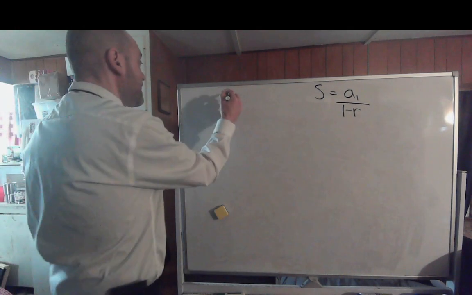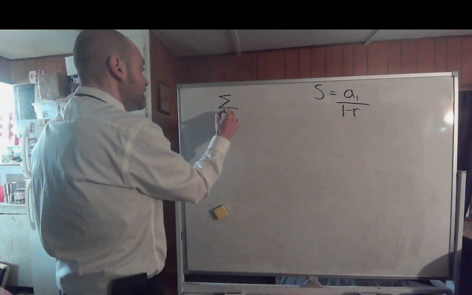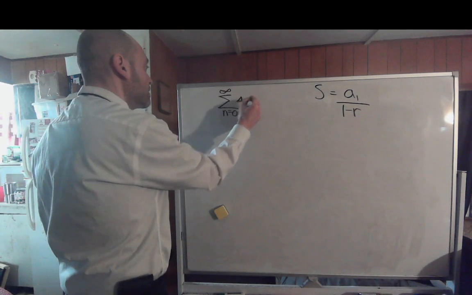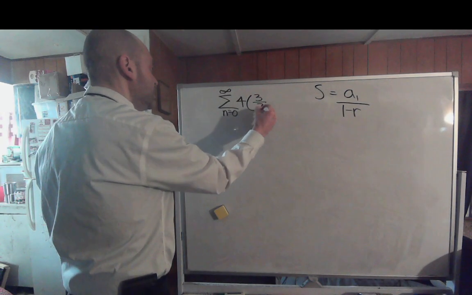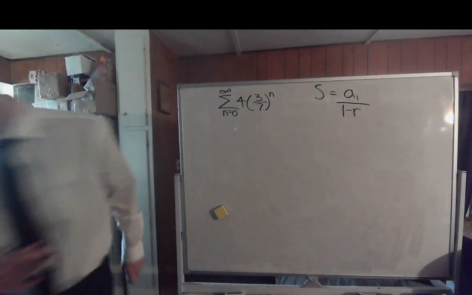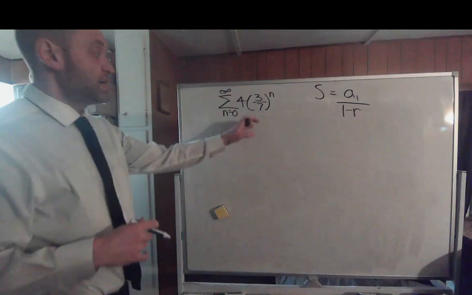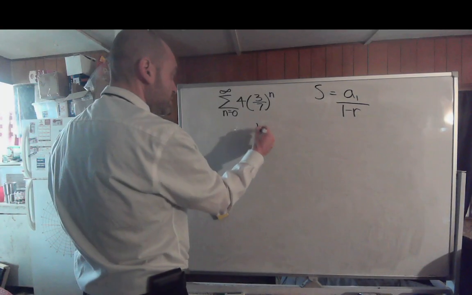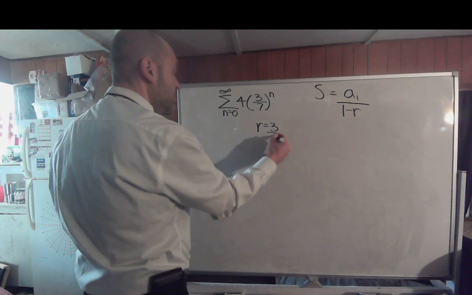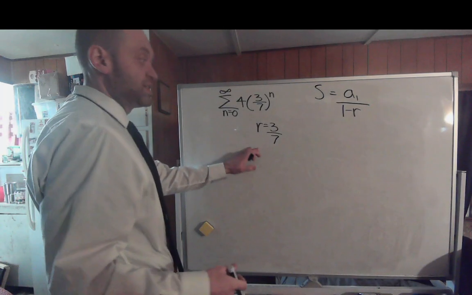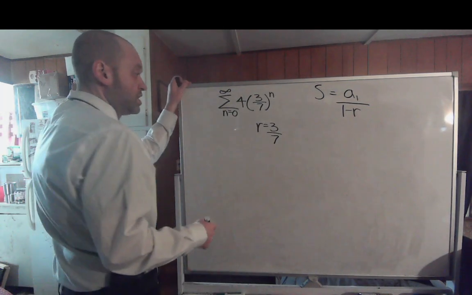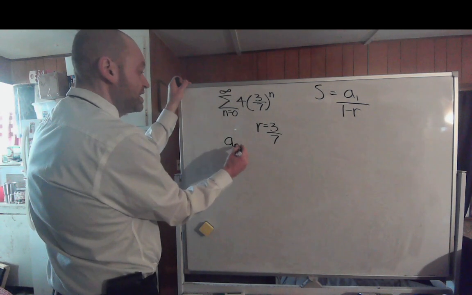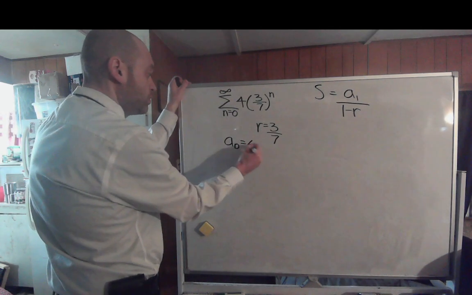Now, what if we had n equals 0 to infinity of 4 times 3/7 to the n? So we have 4 times 3/7 to the n. Well, what's your common ratio? That's 3/7, right? Which is less than 1, so this series is actually going to converge to a finite answer. Your a sub 1, or in this case a sub 0, is going to be 4.